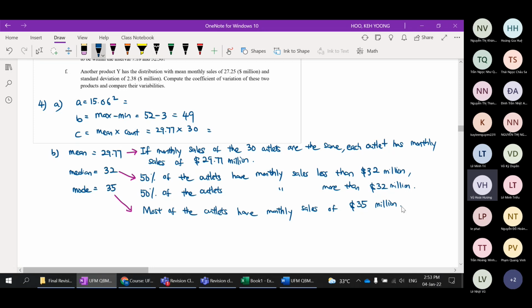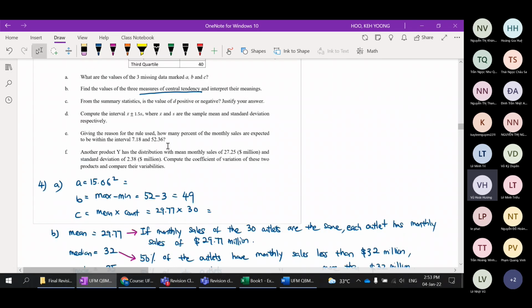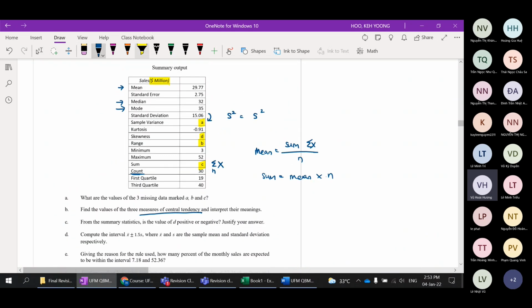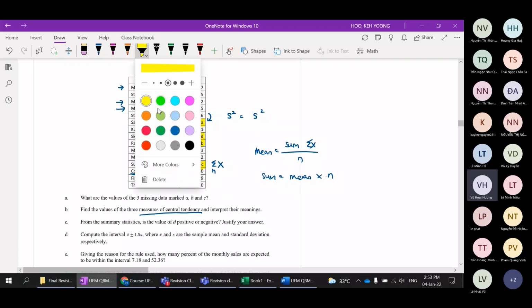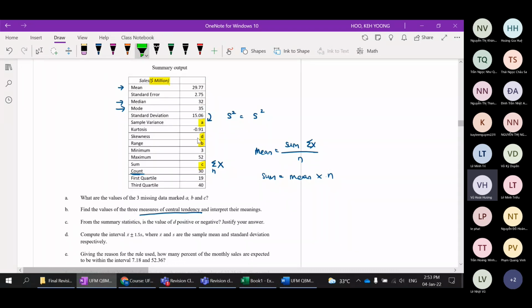Question C then. From the summary statistics, is the value D positive or negative? Justify your answer. This is asking about D, the skewness value. Should the skewness value be positive or negative, and why? What's your answer?